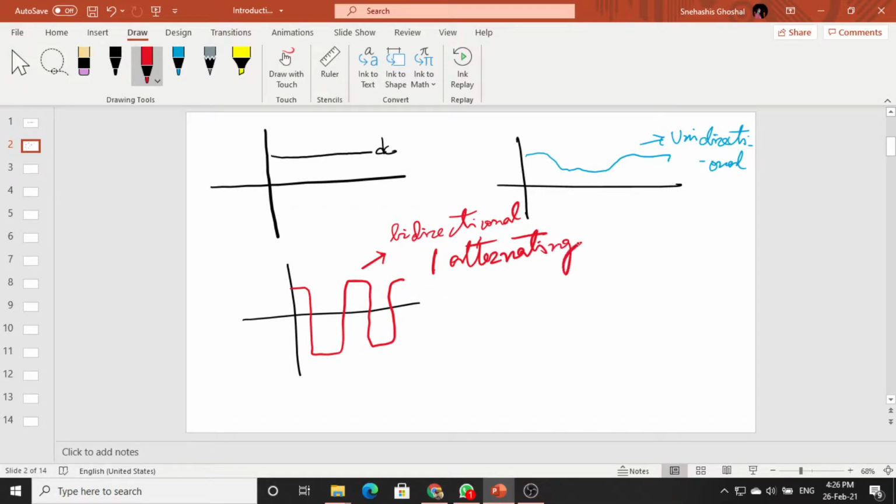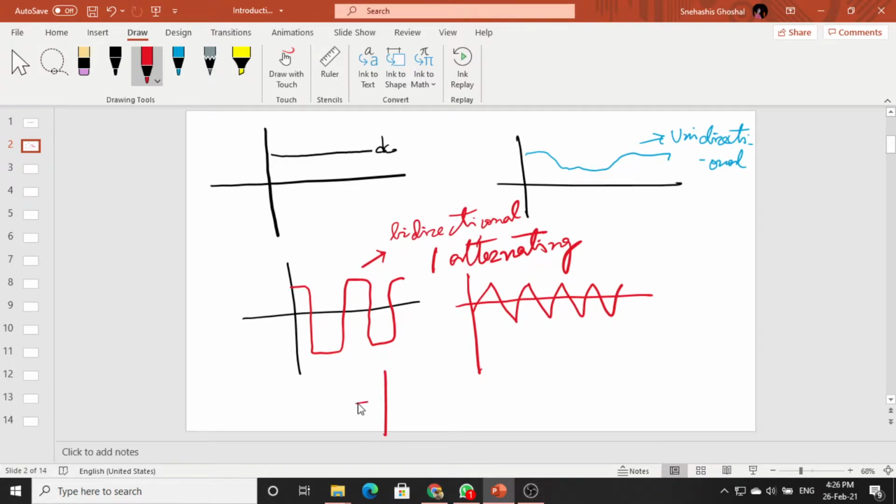That means with change in time, the magnitude changes in different directions. Like a triangular wave, that is also an AC nature. So with respect to time, the magnitude changes. That is the basic of alternating.